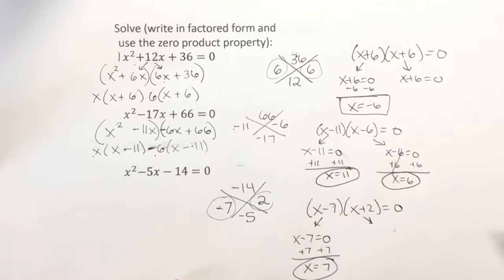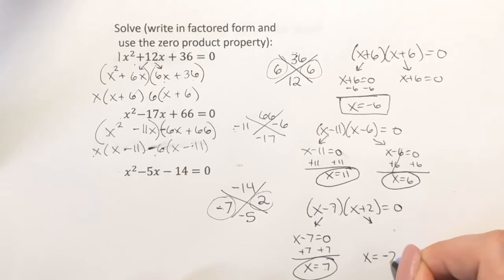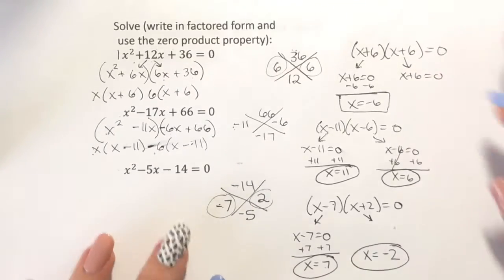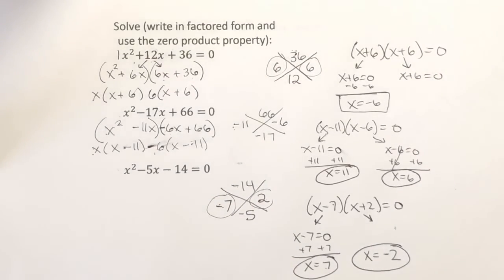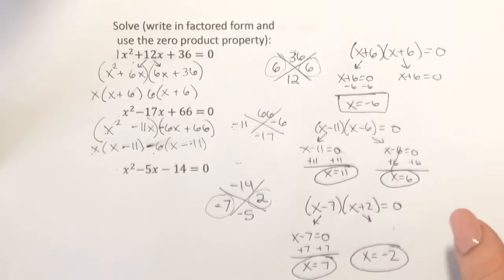So the sign just switches for your answer. So if this is x plus 2, I know my answer is going to be -2. So there are lots of shortcuts you can do as you get more comfortable with factoring. But remember, those shortcuts work only if it's a 1x squared out front.